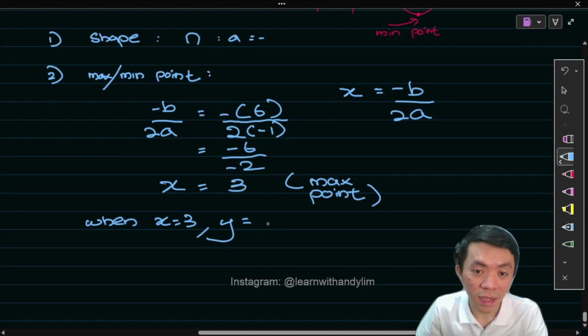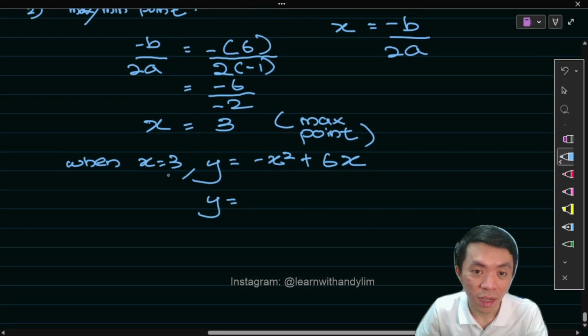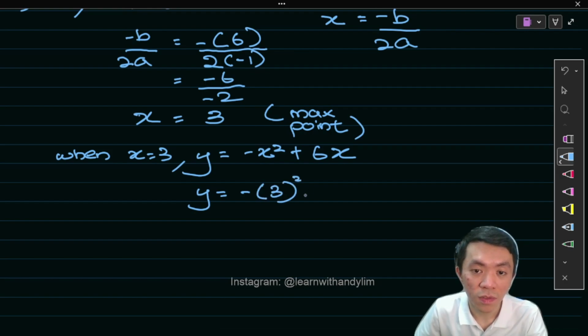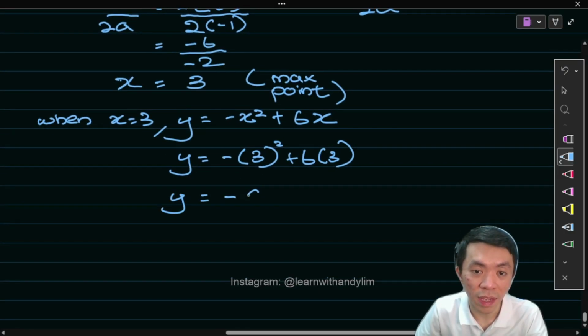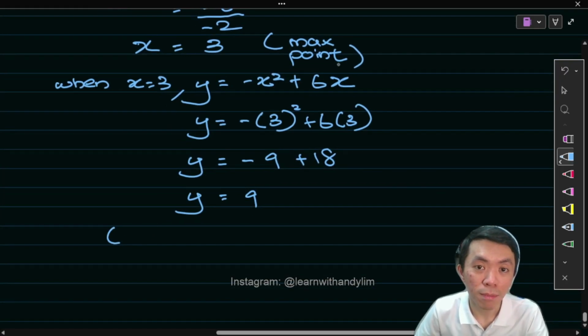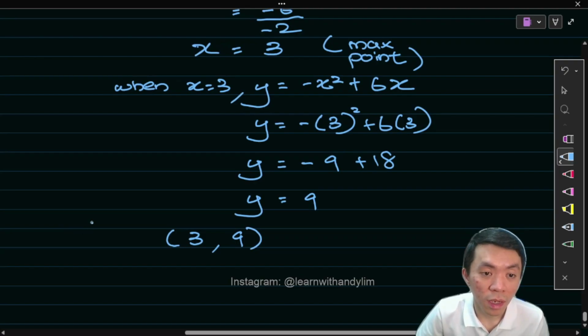I want to substitute my x into my y equation right here. Negative 3 squared plus 6 multiplied with 3. What I'm going to end up with is negative 9 plus 18. So y equal to 9. So I can say my maximum point is 3 and 9. Now this completes my maximum point coordinate.